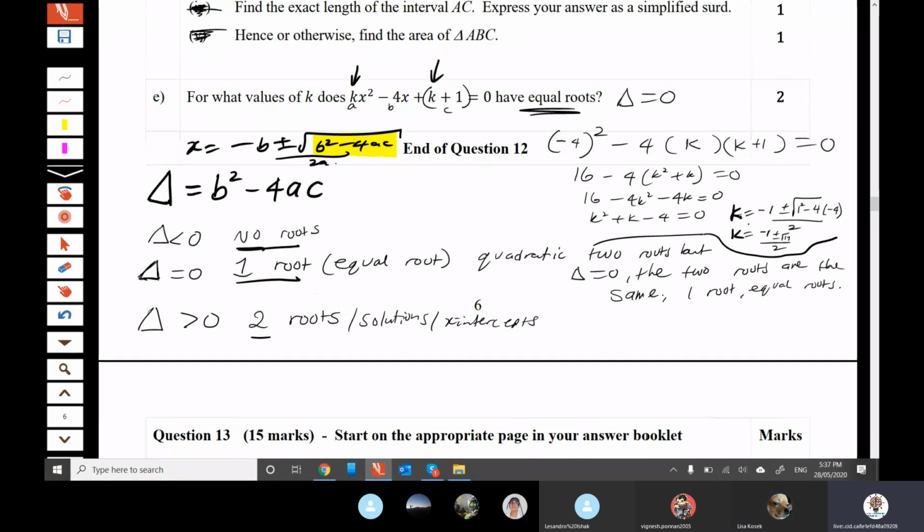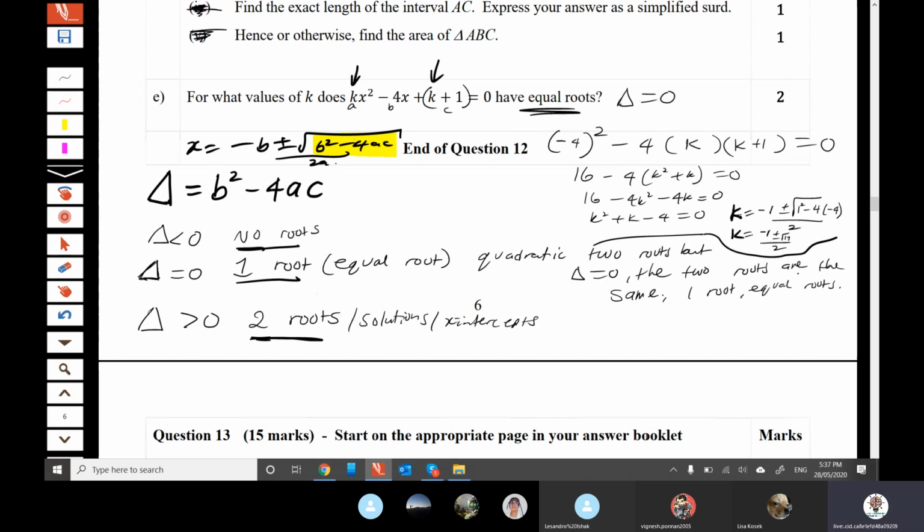You're just finding the condition for K such that X will have no roots, or such that X will have one root, or such that X will have two roots. So don't let that confuse you. Don't go, oh, but I got two solutions, how come I'm meant to only get one solution, so I cross out one. No, it's fine. It's right. K is meant to have two different solutions.